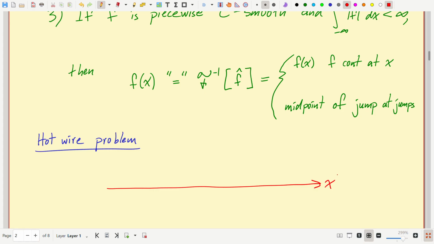And for the purpose of illustration, I'll take the initial temperature to be 0 to the left of -1, and then +1 between -1 and +1, and then 0 to the right. So this is the temperature.